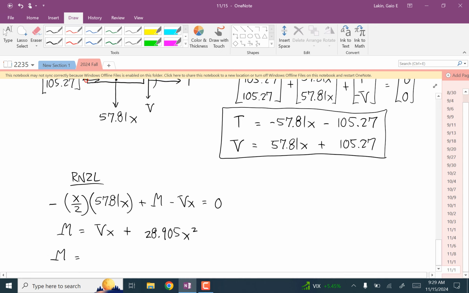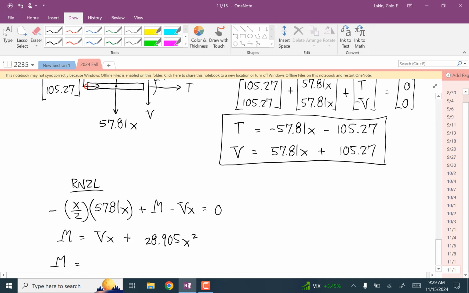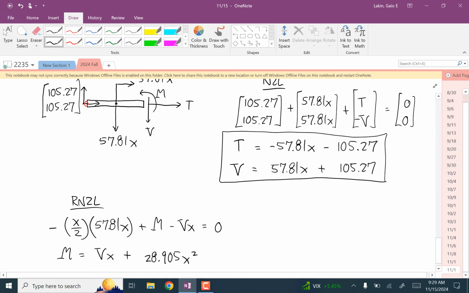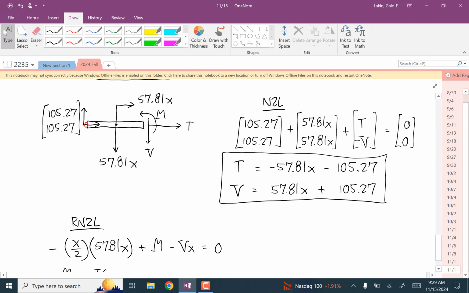Do you see the vector, 57.81x pointing down? Oh no, because we already accounted for that direction by calling that a clockwise rotation. Oh sure, I was looking at Newton's second law. Newton's second law, okay. Like that 57.81 vector. Oh yes, exactly. That's why v is, we have a negative there.